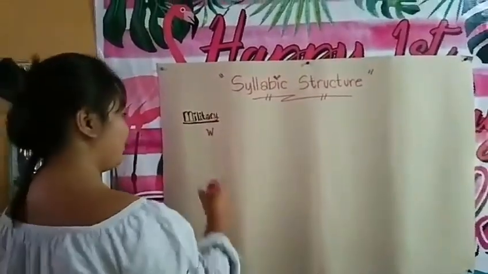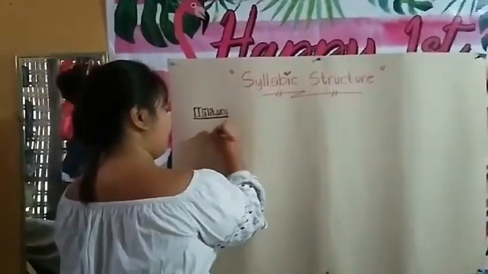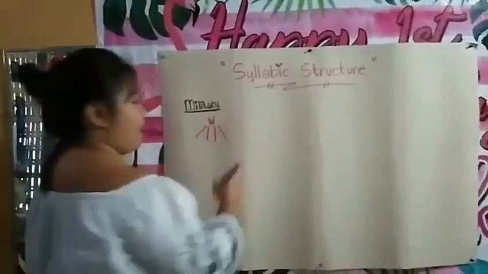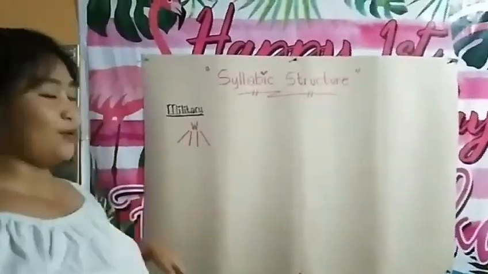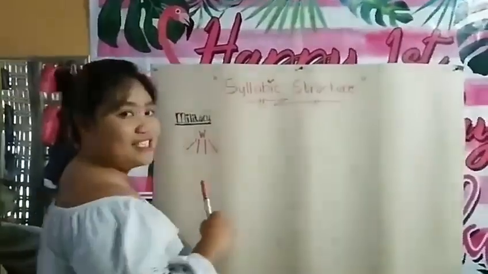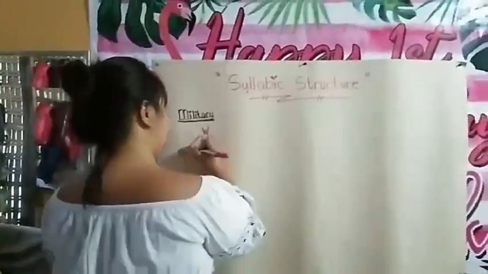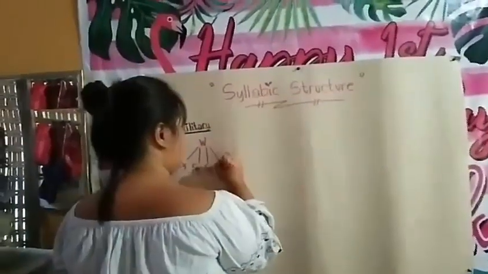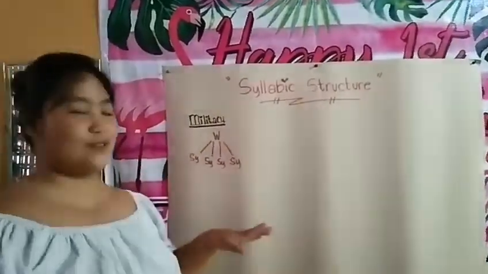After that, you are going to make a 1, 2, 3, 4. Since military has 4 syllables, you are going to put 4 SY, which means the syllable. There you go. There are 4 syllables.